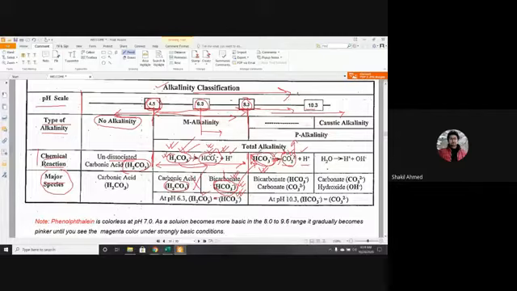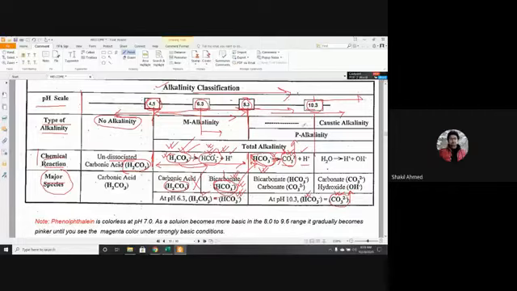Alright. Now in this way, when you reach 10.3, your bicarbonate ion concentration is equal to carbonate ion concentration. If you go beyond 10.3, the relative concentration of carbonate ion will be higher than the bicarbonate ion.